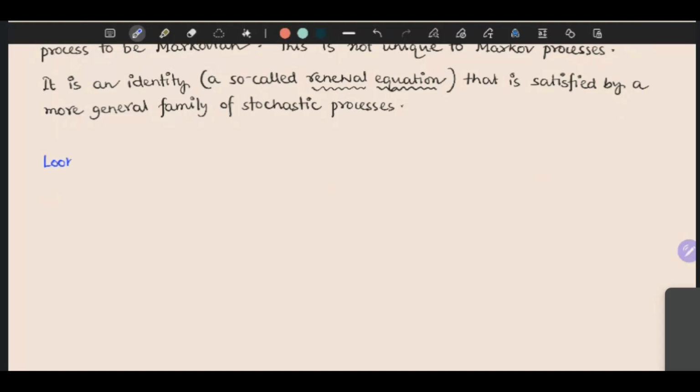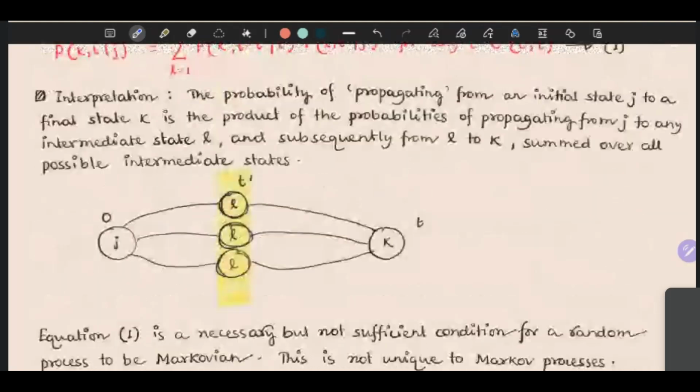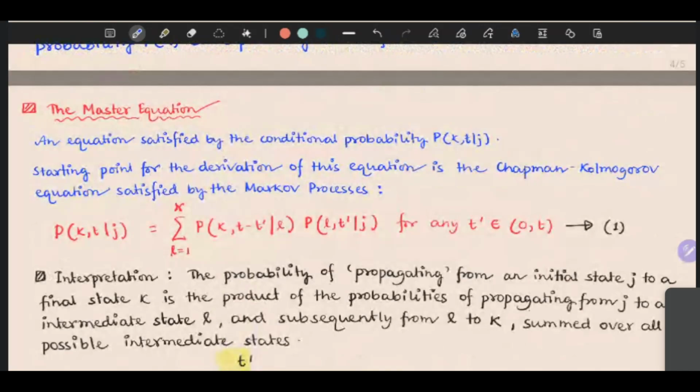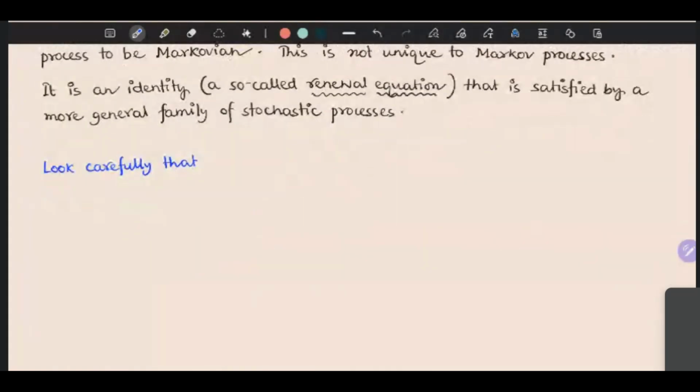Now look carefully that this Chapman-Kolmogorov equation is a nonlinear equation for the conditional probability, because there is a product of two probabilities.